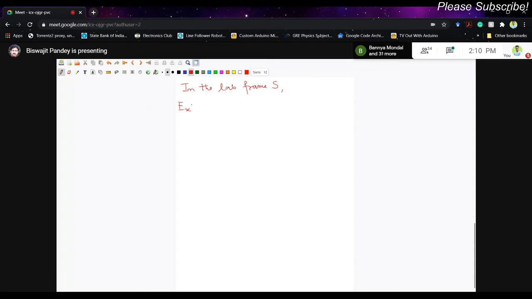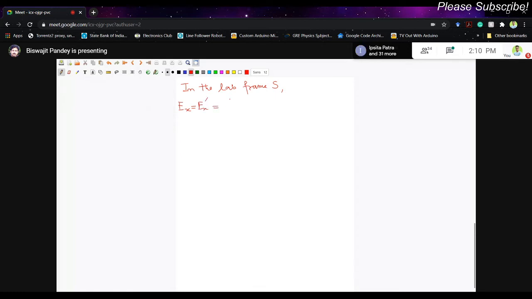The equations that we derived were the direct transformation. When I write a direct transformation, the primed quantities are written in terms of unprimed quantities. Now I want to write down the unprimed quantities in terms of primed quantities. Since Ex prime equals Ex, Ex will be equal to Ex prime.